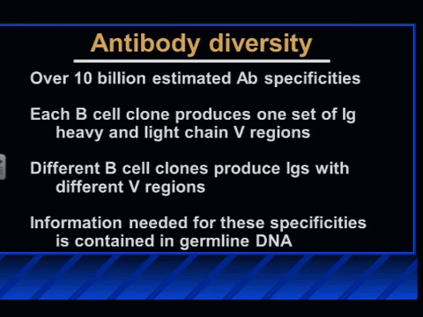Okay? So think, for example, of an antibody and antigen as a lock and key interaction. You may think that you can make an infinite number of locks out there, or an infinite number of keys, but actually you can't. Why? Because you're limited by how many grooves you can put in a key, how many teeth you can put in a key.